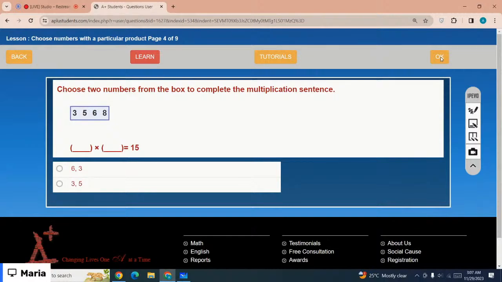Yes, the correct option is 3 and 5, because 3 times 5 makes 15. So option number 2 is the correct option. The first one is 6, 3. 6 times 3 makes 18. So the second one is the correct one, right?